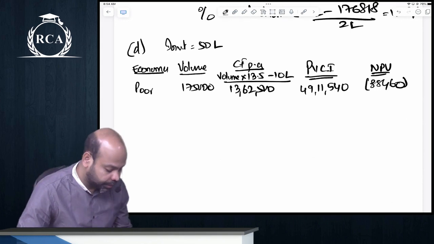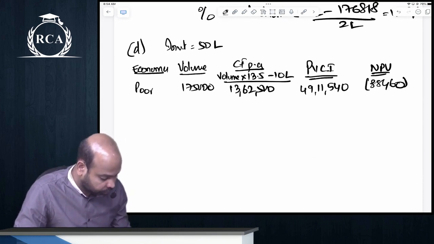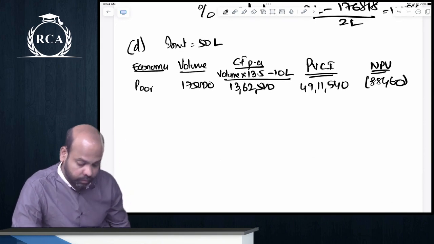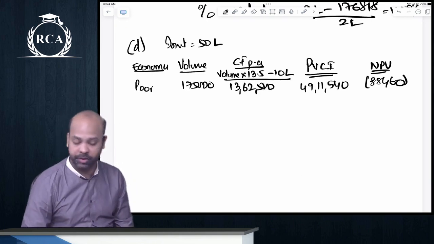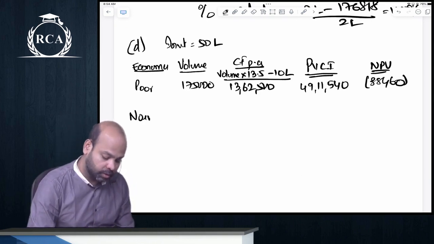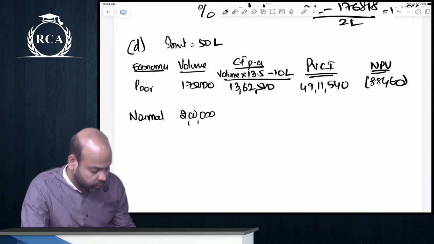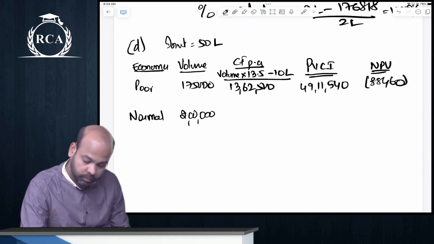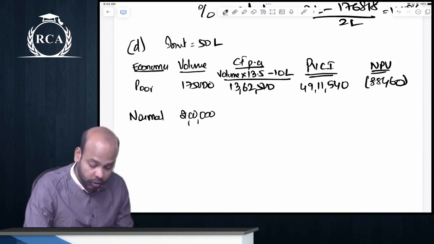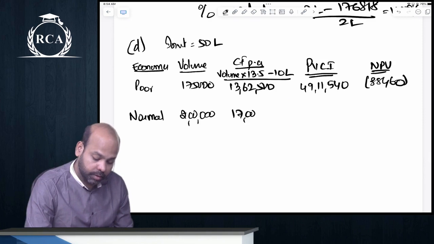Yes, beta. This is if the state of the economy is poor, beta. Then you have to do normal scenario. Normal में बेटा you will write 2 lakh units. क्या रहेगा बेटा यहाँ पे cash flow? 17 lakhs. अच्छा जो अपन पहले लिखे वही रहेगा ना.